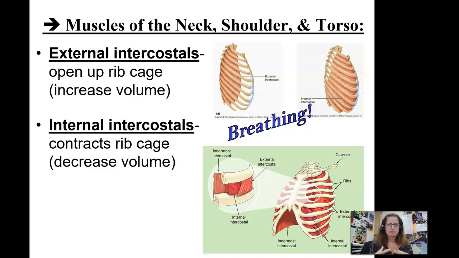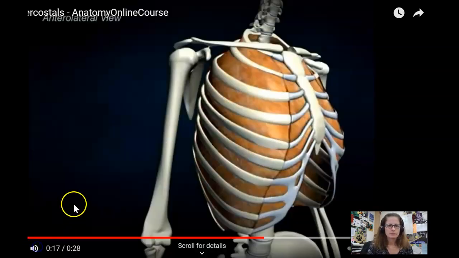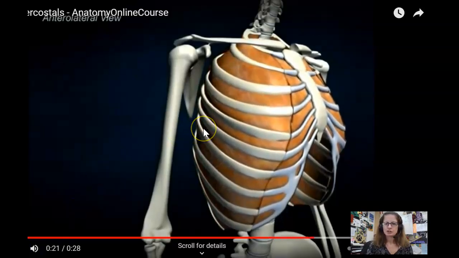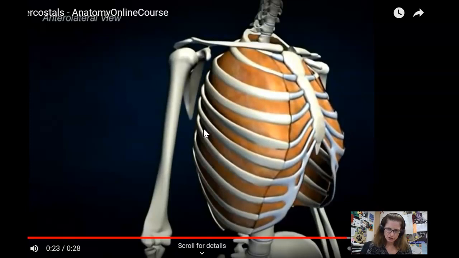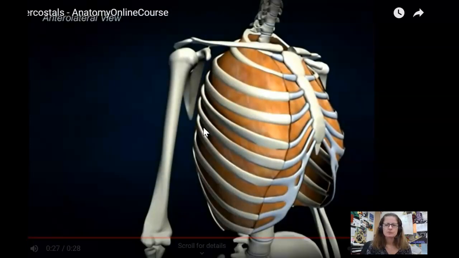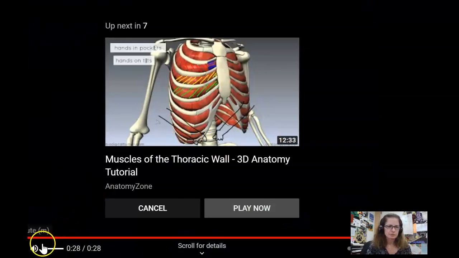So when you breathe, your rib cage opens a little bit, closes a little bit, and that's the alternating action of open it up, close it down. So let me show you a quick little picture of that. You're going to be able to see external and internal intercostals going back and forth, one cycle after another cycle.